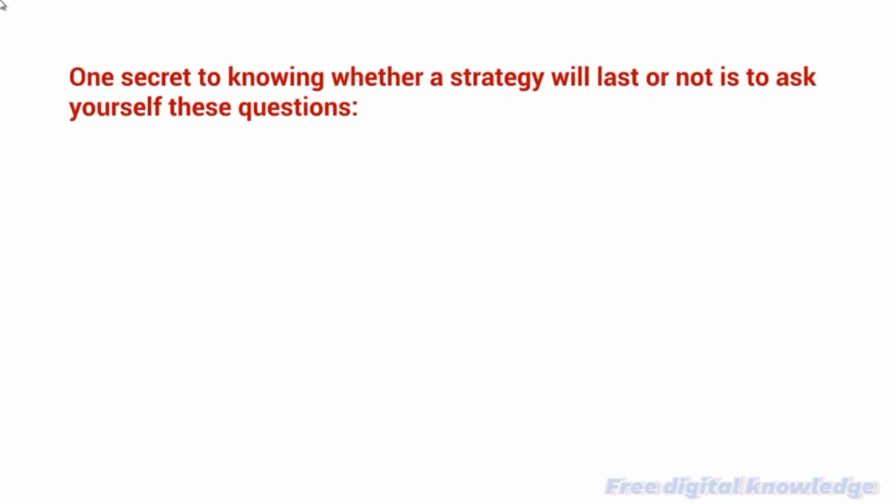Now, obviously, we're not going to know exactly if the strategy is going to last or not, but part of the strategy is figuring out what Google wants and fulfilling that. Now, one secret to knowing whether a strategy will last or not is to ask yourself these questions. So this strategy, along with other strategies, you should ask this question over and over.